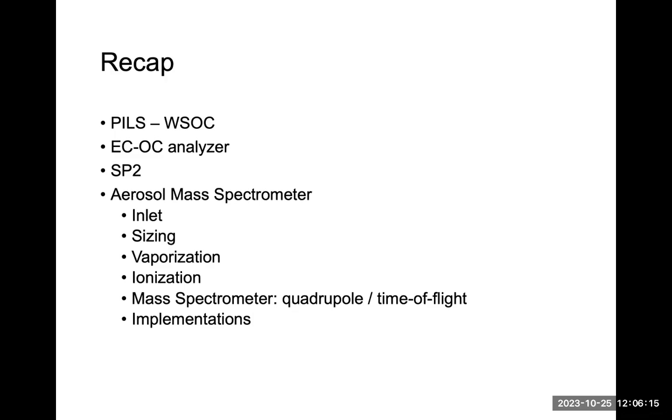And then the majority part of the last class was about the aerosol mass spectrometer. So we introduced different components, the building blocks of an aerosol mass spectrometer, and also we talked about different types of implementations for the aerosol mass spectrometers.